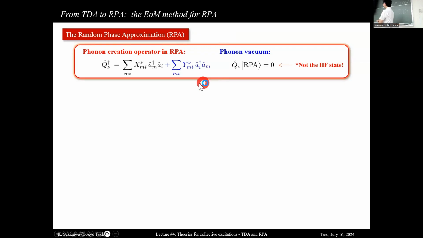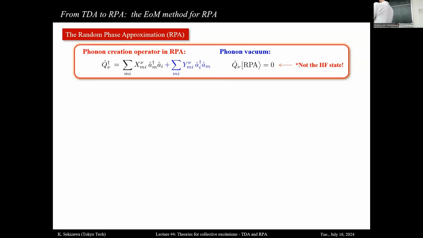Then you can have such an excitation by annihilating a particle state and creating a hole state, which is a backward excitation, or de-excitation of a particle state to a hole state. In this way, the phonon creation operator is generalized in RPA.